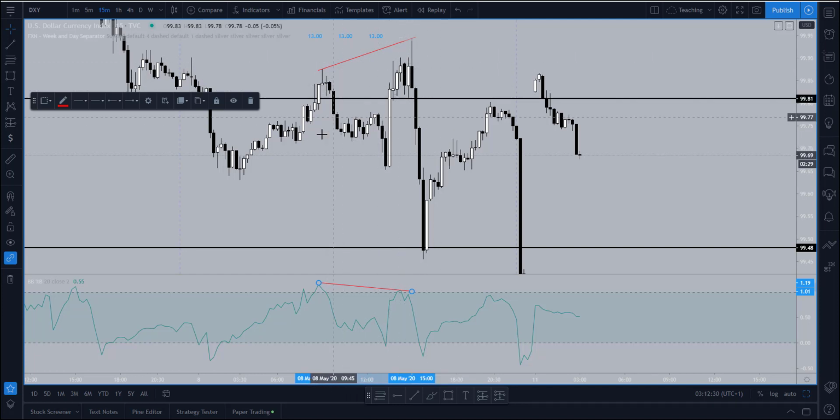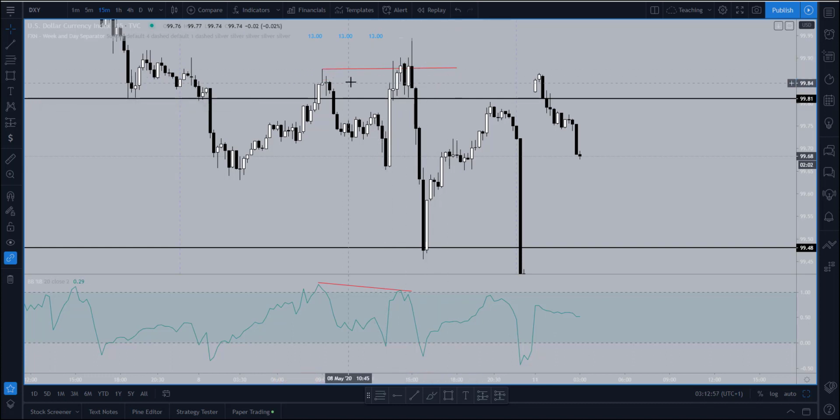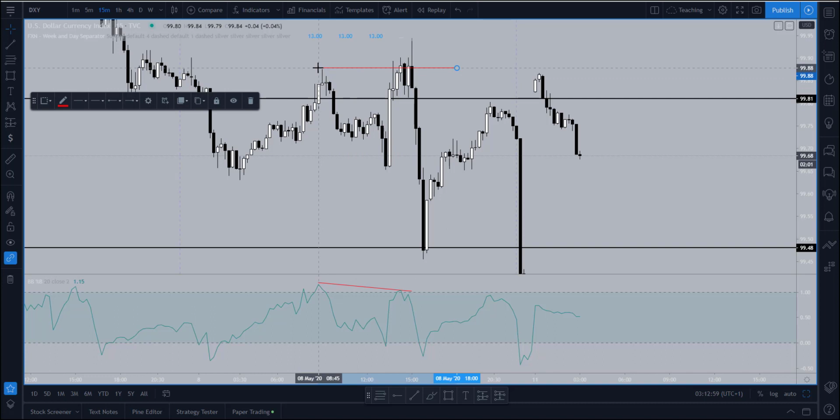Okay, when you get this divergence, the trade is quicker than when you don't get a divergence. Why is that? Because when they do run the stops, that's when the divergence occurs.